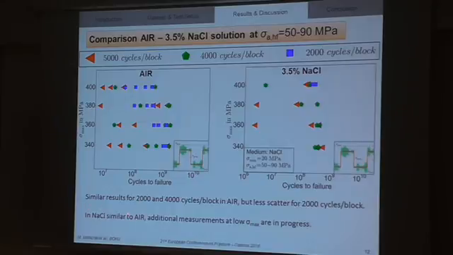In sodium chloride, it is similar to air. Additional measurements at low sigma max are in progress. In the blue condition, only the test for 400 is done so far, and the others are in process.